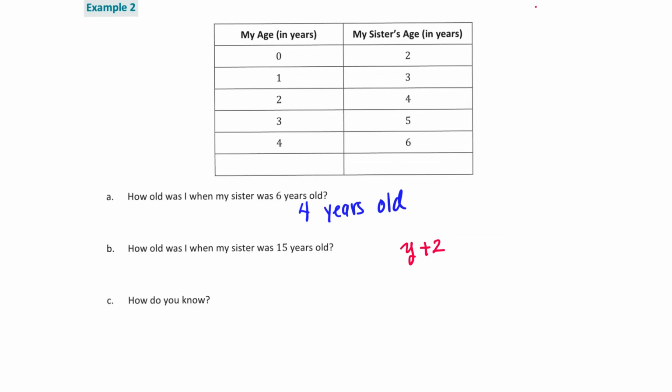So if your sister was 15 years old, you can think, what number plus 2 gets me 15? And if you're thinking 13, that is correct. That would have been 13 years old.